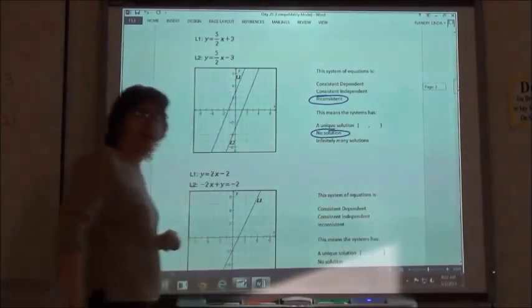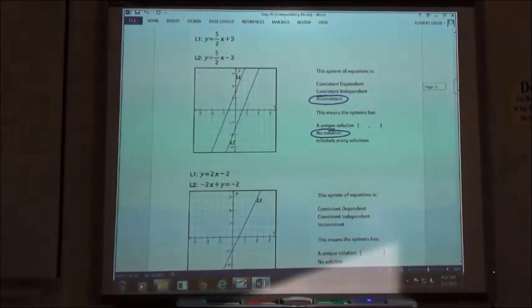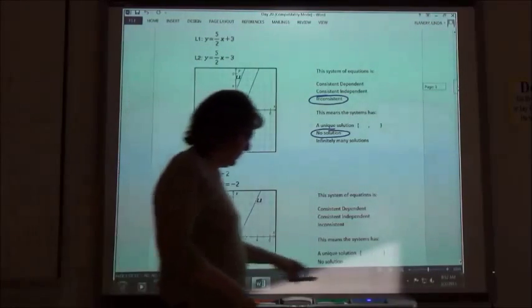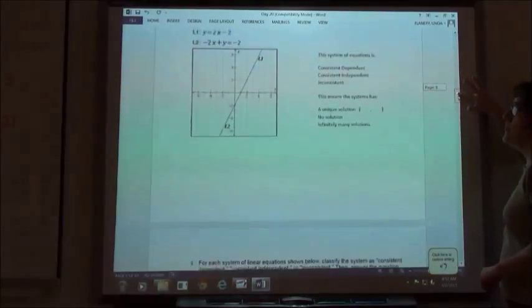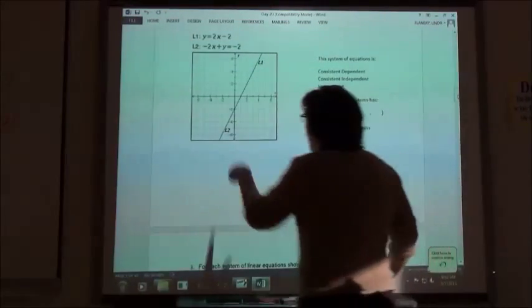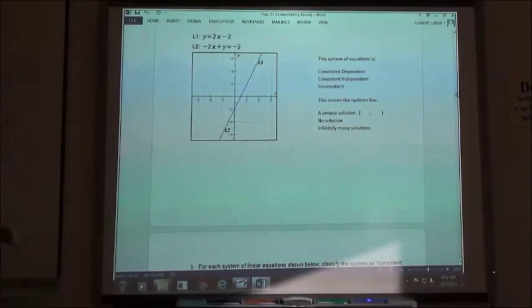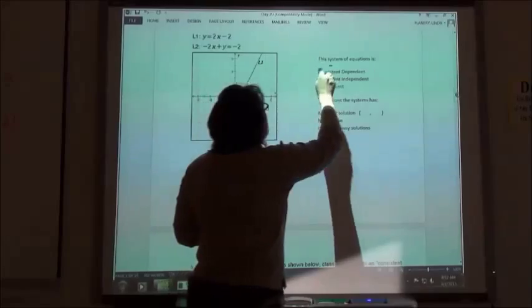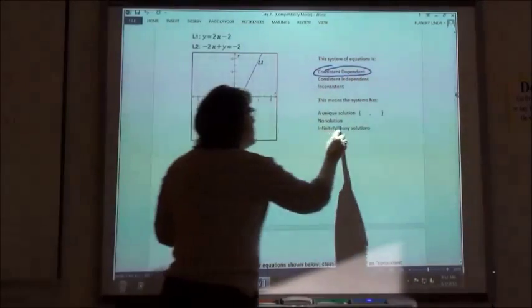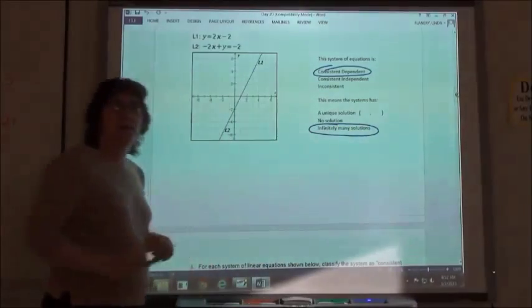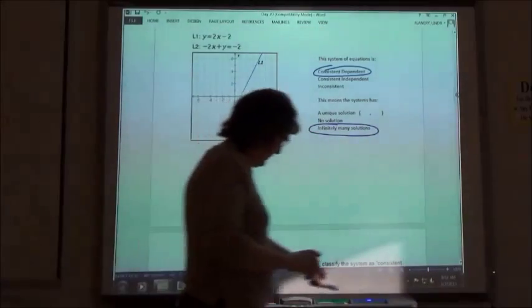So they have nothing in common. And the third one looks like one line, but it's actually one line on top of the other one. That is which kind? Consistent dependent, and has infinitely many solutions, because any point on line 1 is also going to work on line 2.